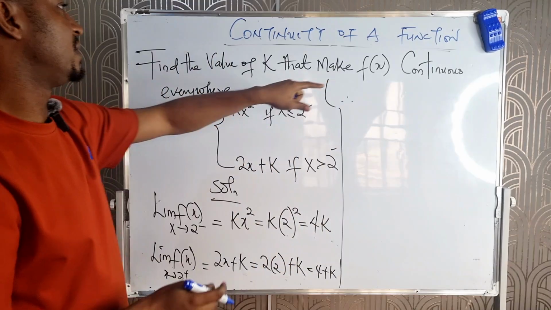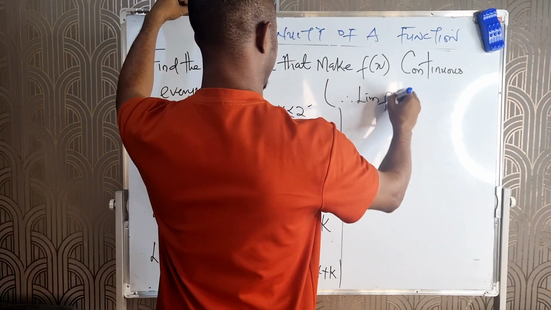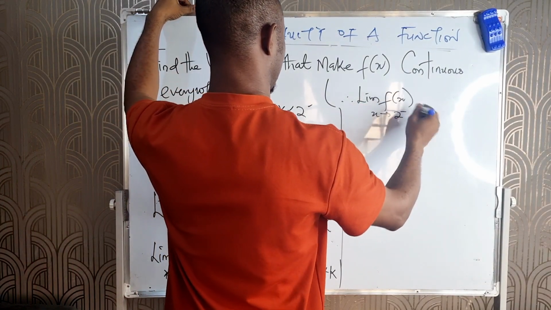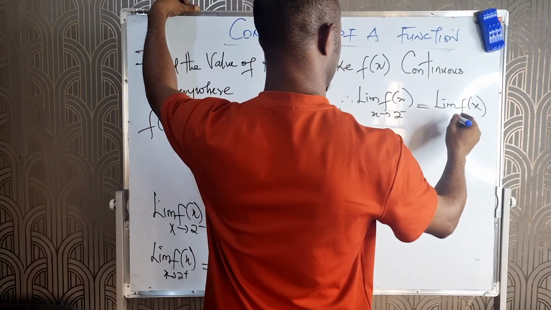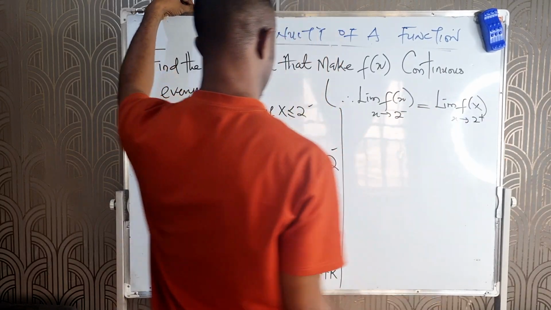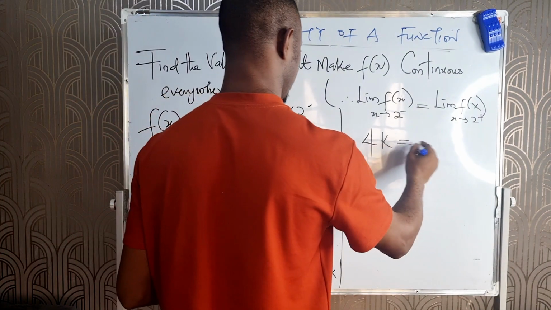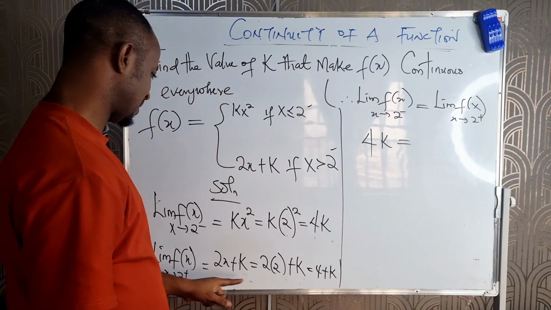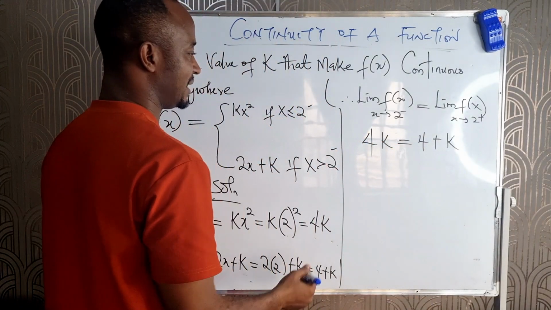Therefore, for f of x to be continuous everywhere, the limit of f of x as x approaches 2 on the left hand side must be equal to the limit on the right hand side. On the left hand side we have 4k, which must equal 4 plus k on the right hand side. So what we do here is collect like terms.